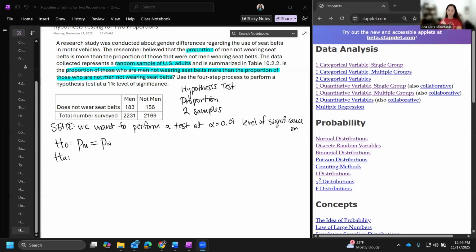So men is more, which means that PM is more than PN. We could also write that as PM minus PN equals 0, and PM minus PN is greater than 0. Both of those are acceptable ways to write your hypotheses. We're going to pause to let that show up.